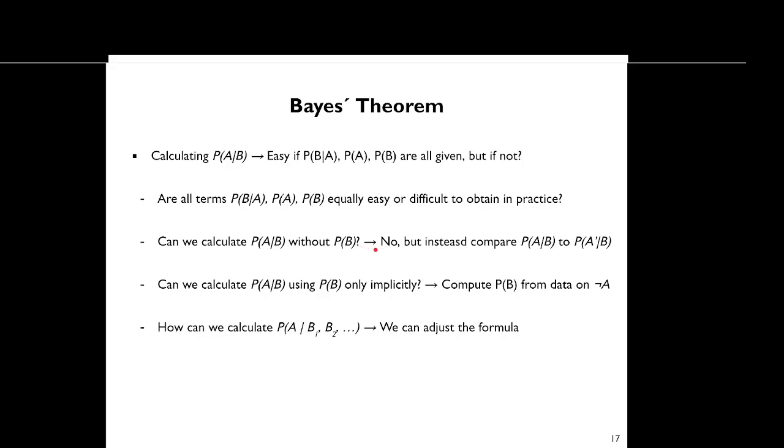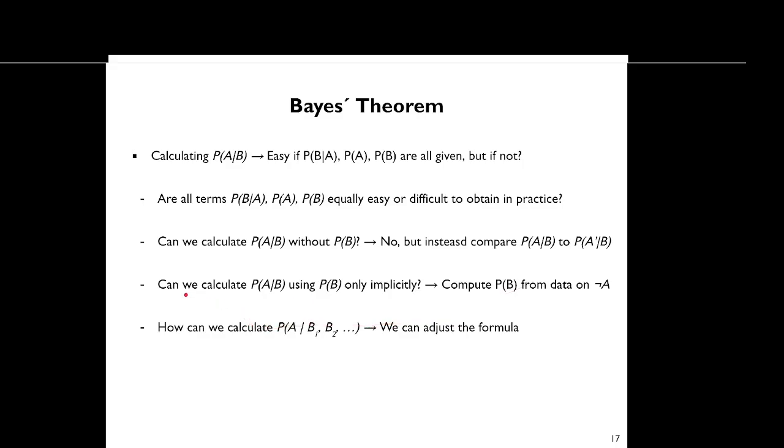Of course, we cannot change the formula, but we will see that we can change the task, and we will see that instead of computing the exact value of A given B, we calculate it in relation to another A prime given B. And then we just answer whether this is more likely or that.